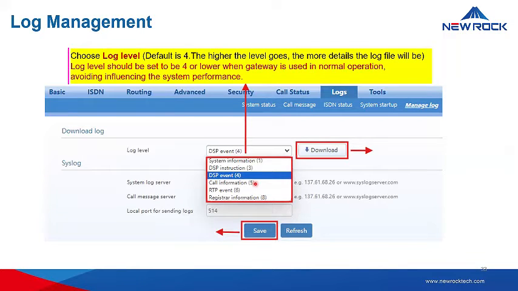With regards to RTP issues or call quality, voice quality, we need you to give us log level 6. With regards to register information, we need you to provide log level 8. With regards to RTP issues, of course, we need to gather more of the IP capture for that.